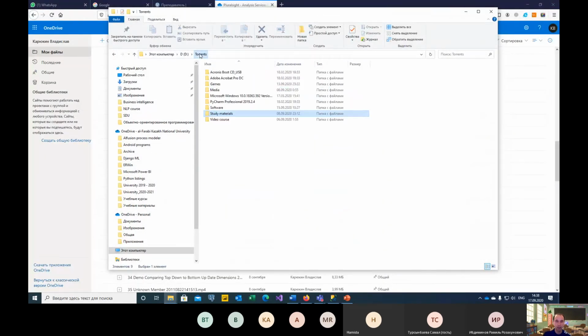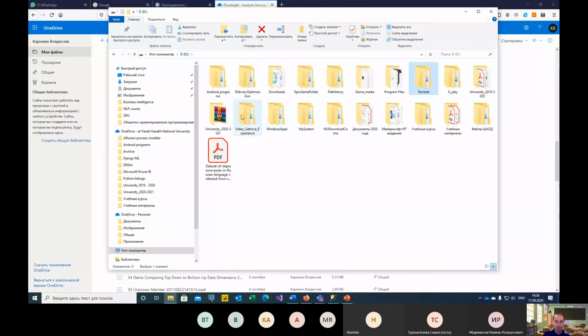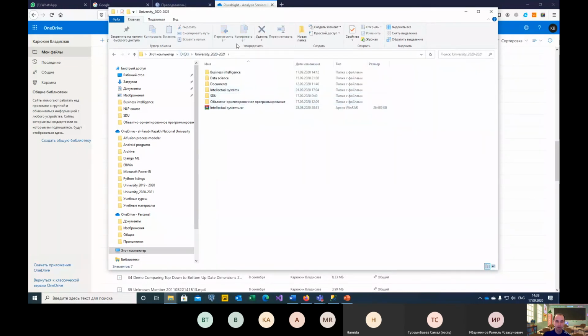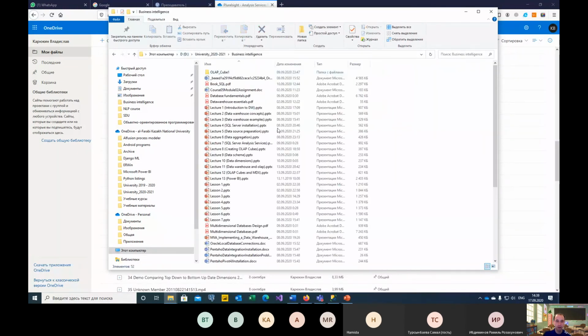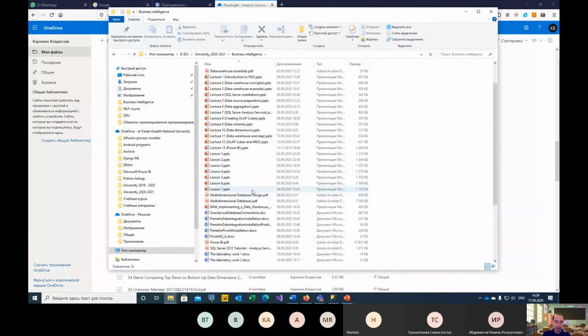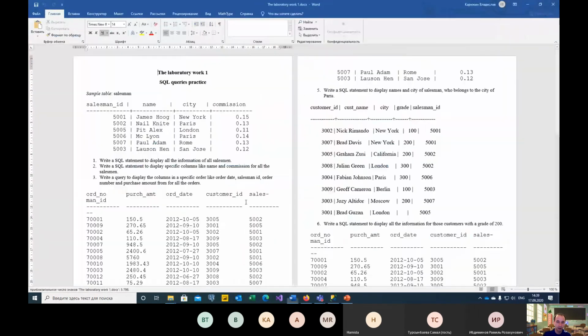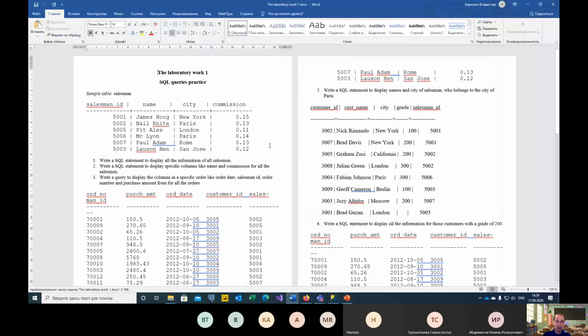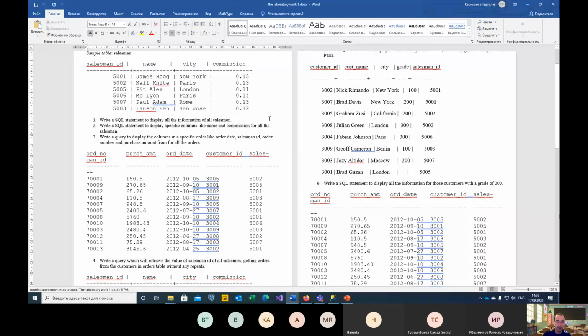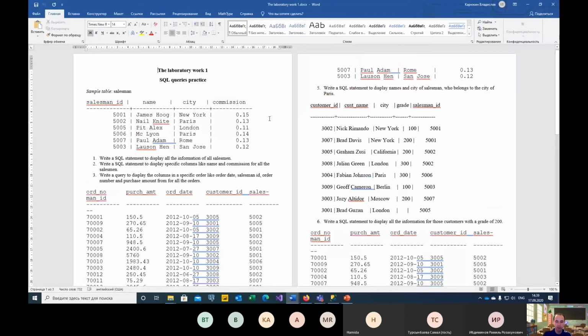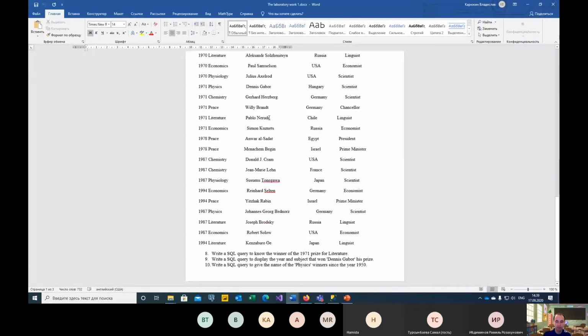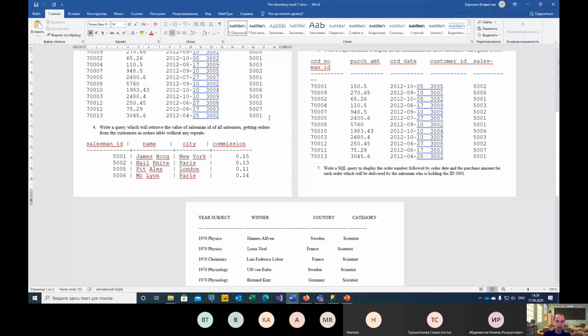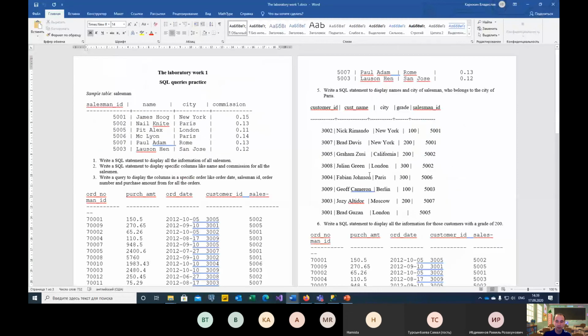Then about the practice assignment. I have uploaded the first practical assignment, where you can train in writing queries to a relational database. You can build these tables and write some queries to obtain results.